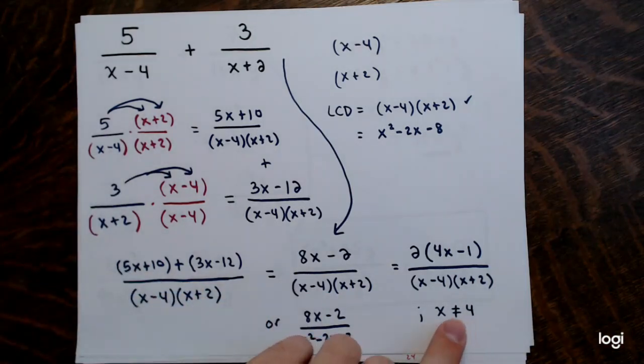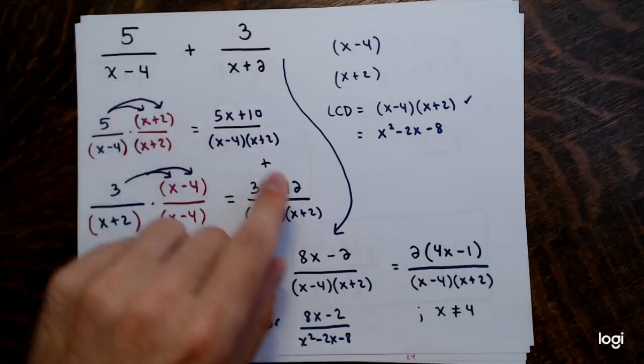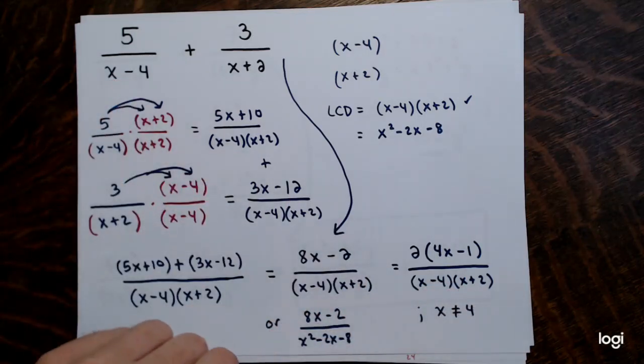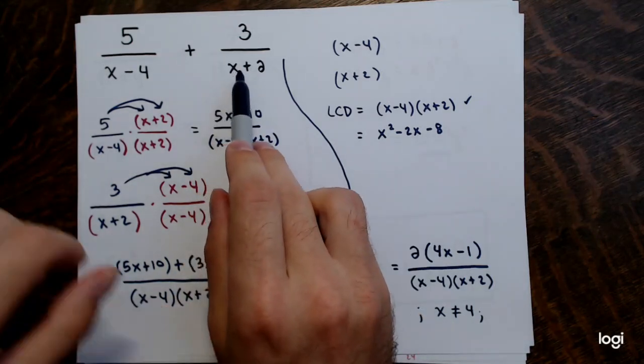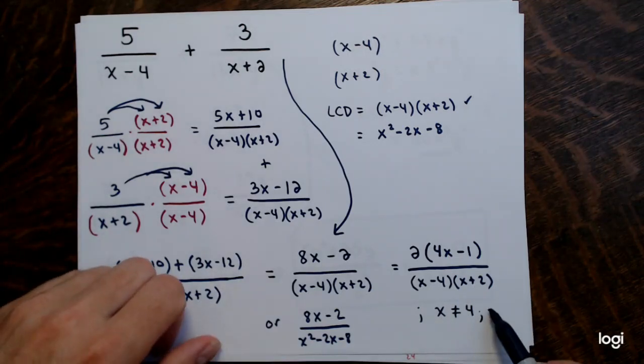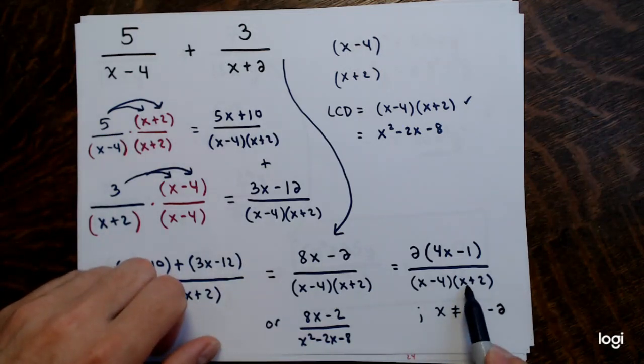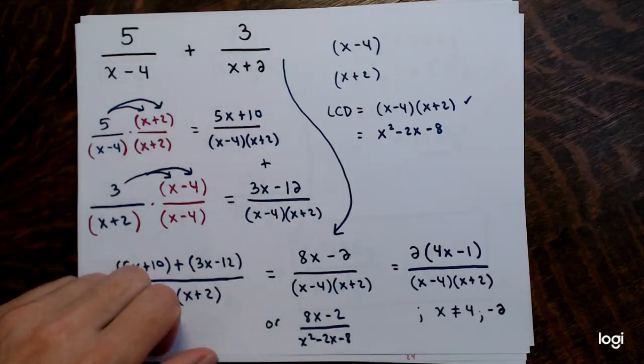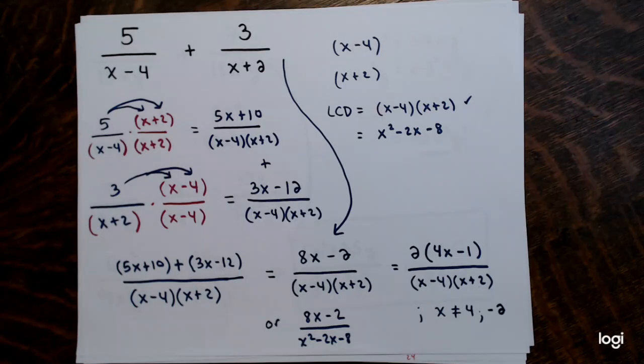If I replace x with 4, that'll make that denominator 0. So that's no good. But also, I'm seeing factors of x plus 2 show up in my denominators. So x cannot be negative 2 either. Right? Because if x were negative 2, I'd have a denominator of 0. And those look like the only factors with variables that show up in the denominator.